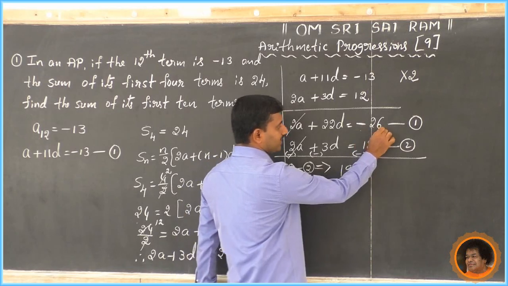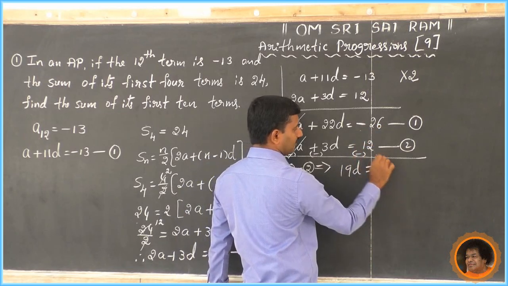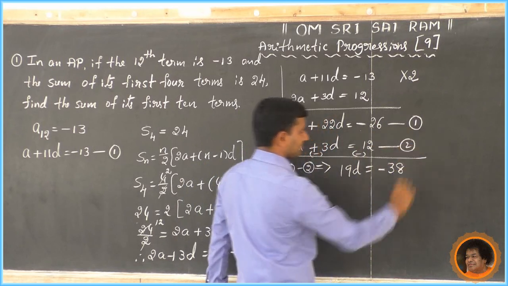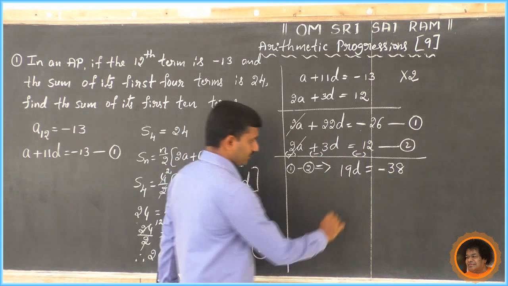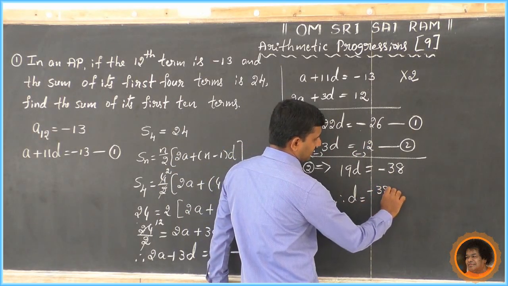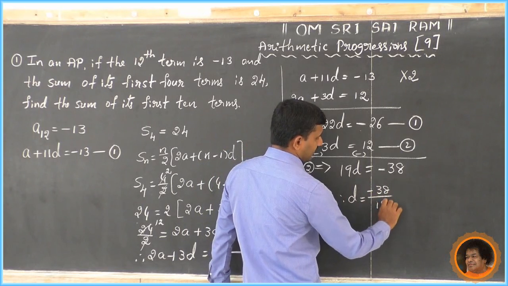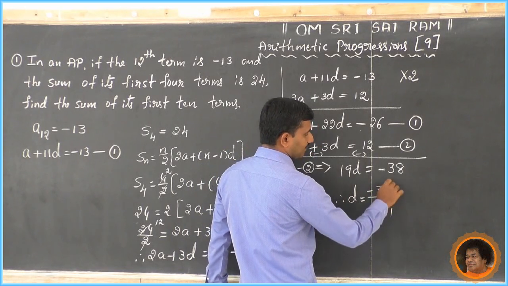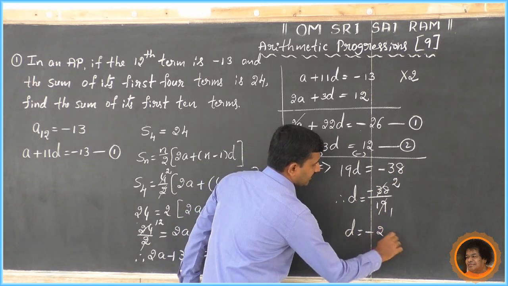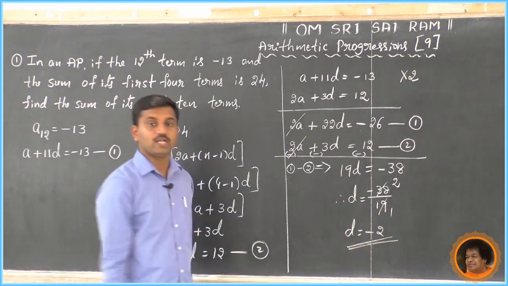Minus 26 minus 12, answer minus 38. So what is the value of d? Therefore d equal to minus 38 divided by 19. 19 ones are 19, 19 twos are 38. Therefore d equal to minus 2. So this is the value of d.